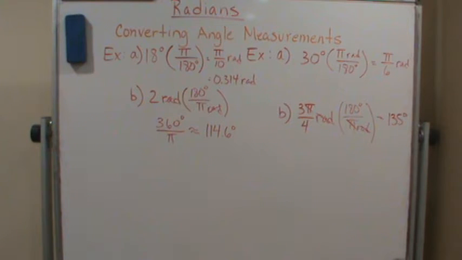Now, I'm going to make a very important point. So I want you to listen. Because pi is a number that is the ratio of the circumference of a circle to its diameter, it is the ratio of one length to another. So what this means is that radians really has no units.